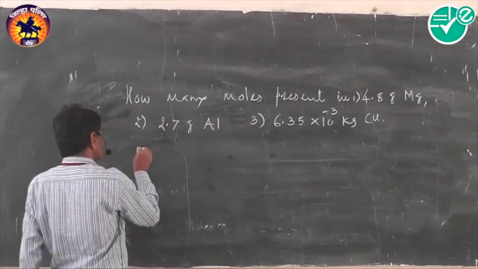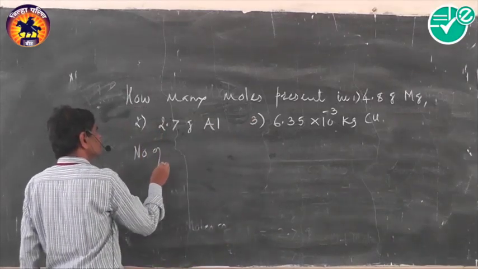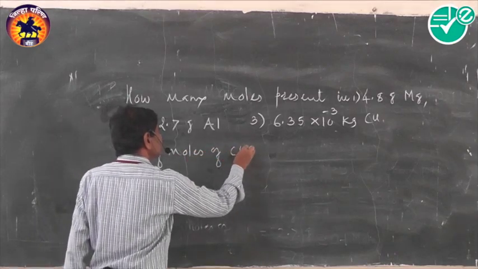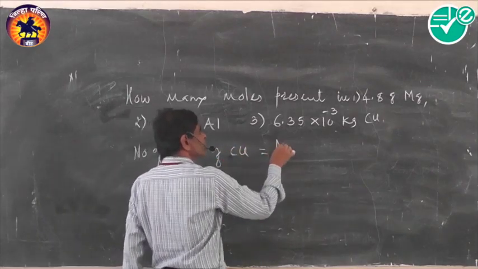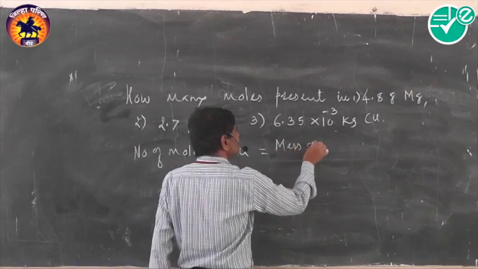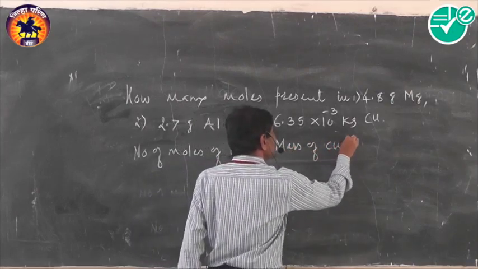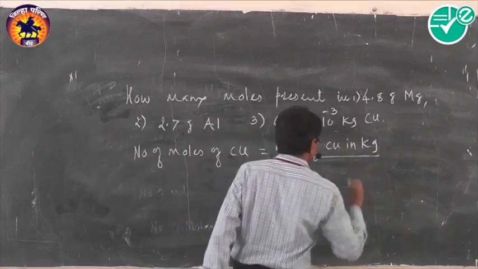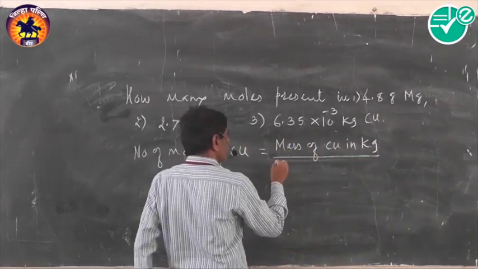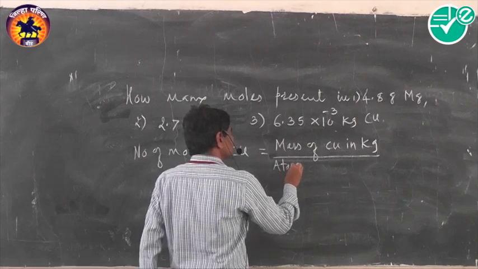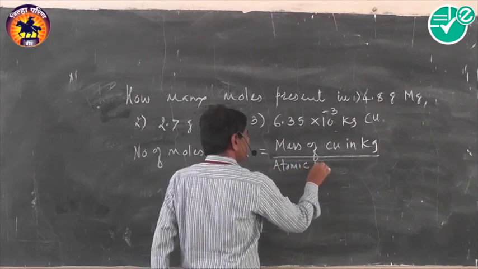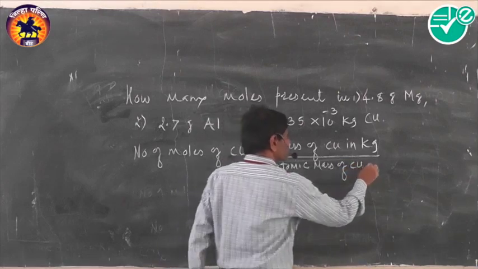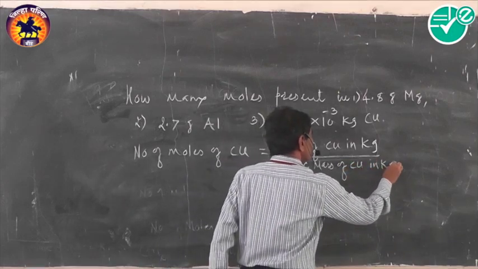And thus here the number of moles of copper is equal to the mass of copper in kilogram, here unit is given as kilogram, upon atomic mass of copper in kilogram.